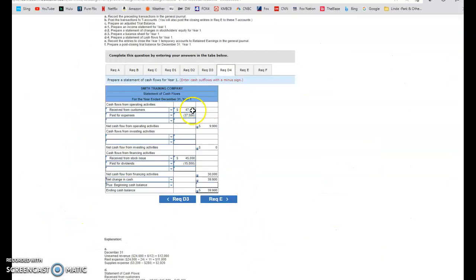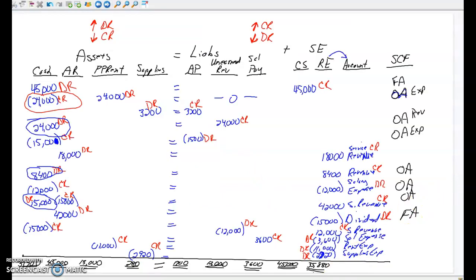There's our 47.4. And then the negatives, the cash outflow, was this 24,000 and then this 15. I'm just looking over here. So 24, 15, and 12.